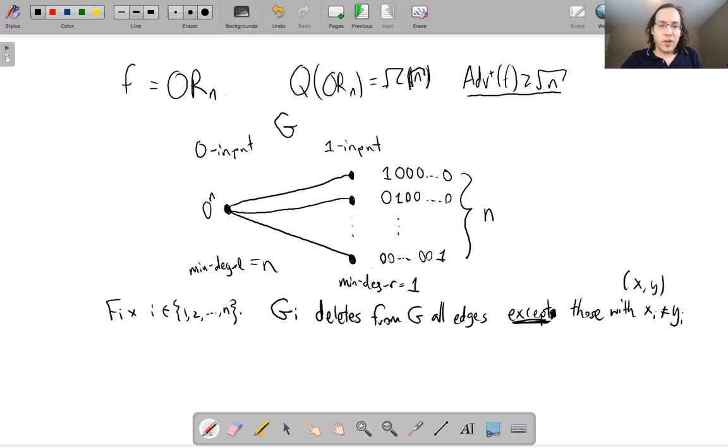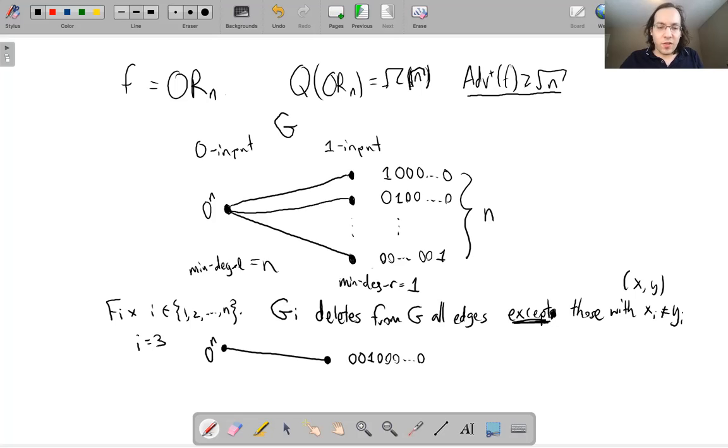So here i is fixed. Let's say i is 3, just for example. Suppose i is 3. Then we see that our 0 to the n node is now only connected to a single string on the right-hand side. This is the string that looks like 0, 0, 1, 0, 0, 0, 0, where the 1 is in the third position.